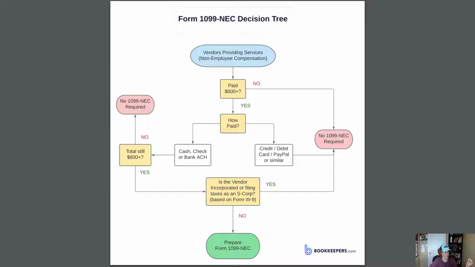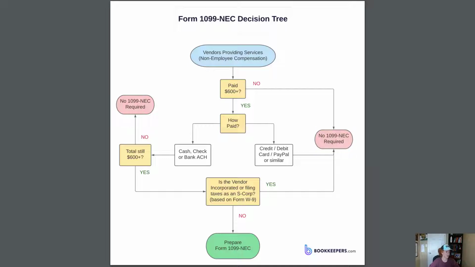If you did pay them more than $600, we'll go down, but if you did not, no 1099 NEC is required. If you did pay them more than $600, you have to find out how they were paid. If you paid via credit card, debit card, PayPal, or similar, coming out of a payment processor, then you do not need to issue a 1099.